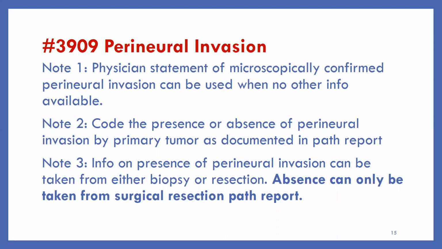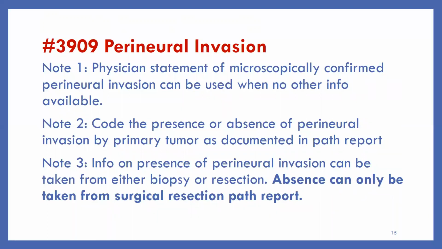Okay, perineural invasion. The physician statement can be used if it's microscopically confirmed perineural invasion if you don't have any other information. Code the presence or absence of perineural invasion. This is found in the path report.